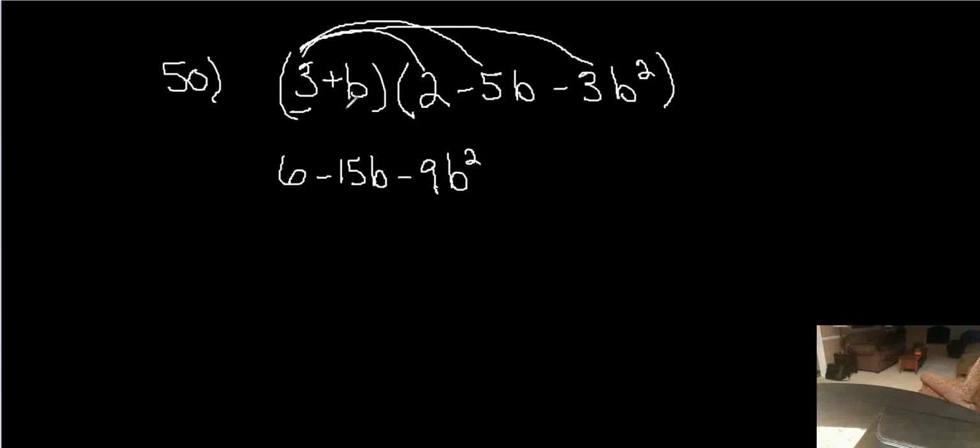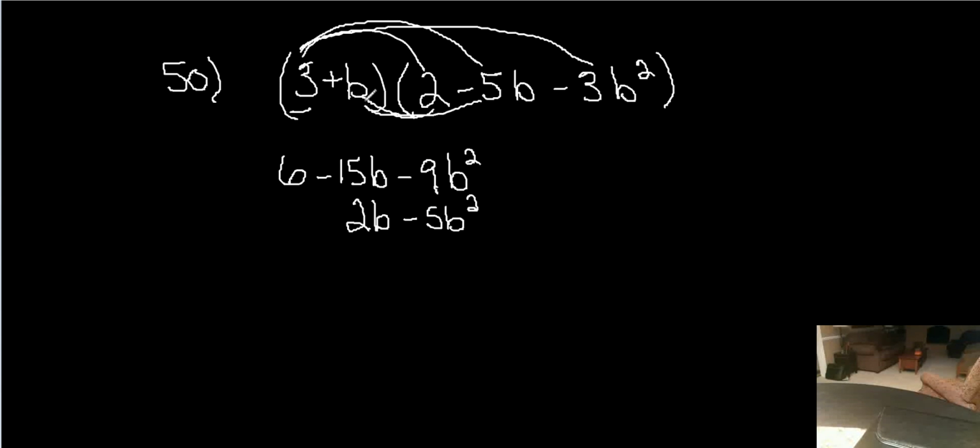Okay. Next, the b I'm going to take across, multiply to the 3 terms. So it's b times 2 is 2b. And then b times negative 5b is negative 5b squared.